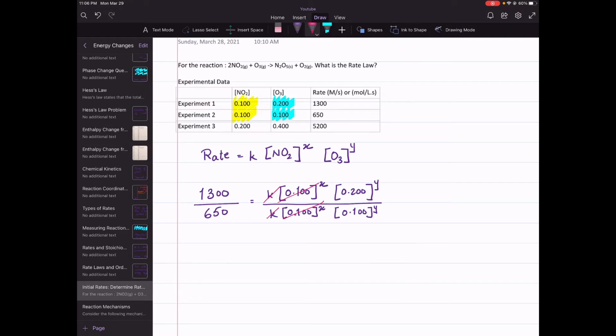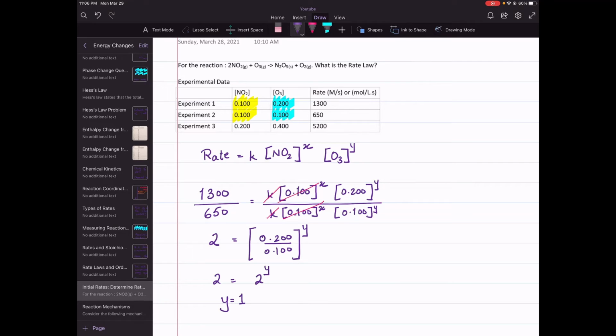So 1300 over 650, that is a value of 2, is equal to, we take this whole value to the power of y, 0.200 over 0.100, which is essentially saying 2 to the power of y. So 2 to the power of y is equal to 2. What is the value of y? Y over here is equal to 1.